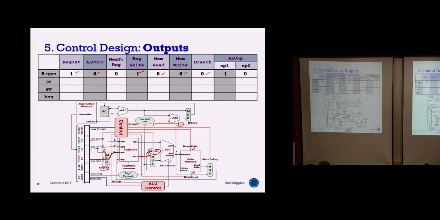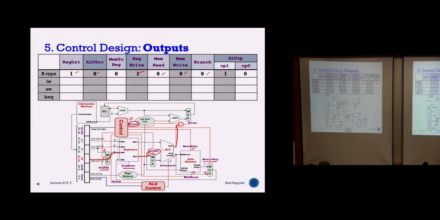This branch control signal will be combined with your ALU output to determine your next PC. And finally your mem to register, this one should be 0, the one below.